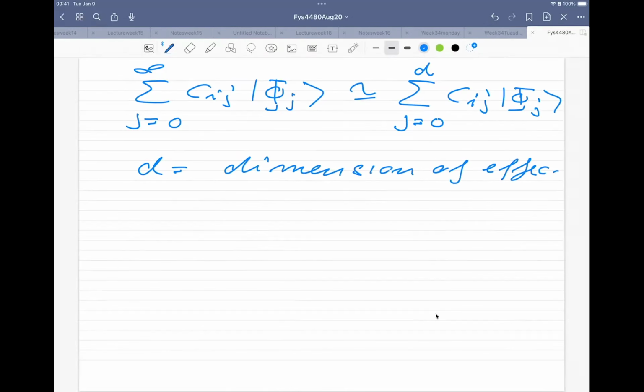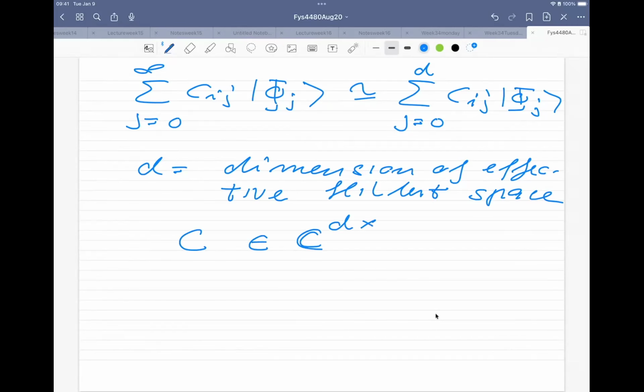So it means that we have to make truncations. It means that this matrix C is going to be a complex matrix, and it's going to have dimension D times D.